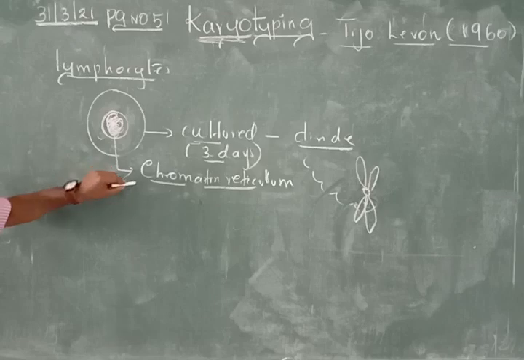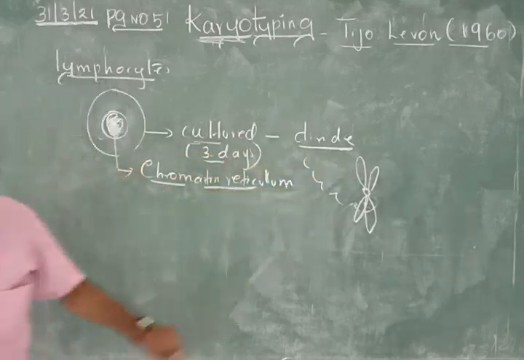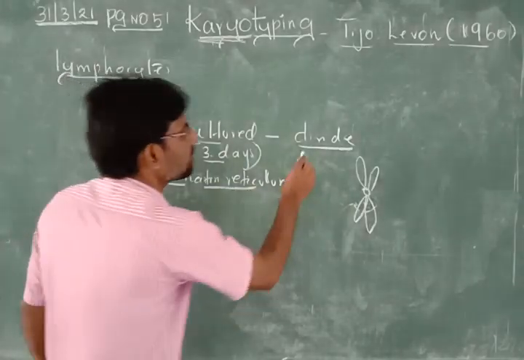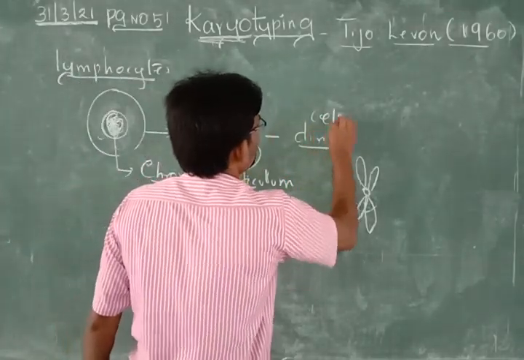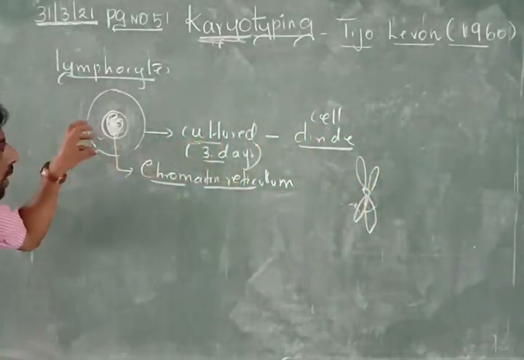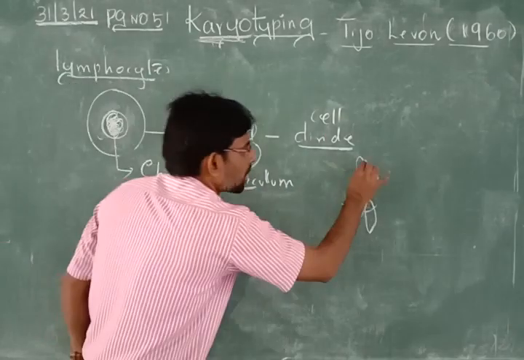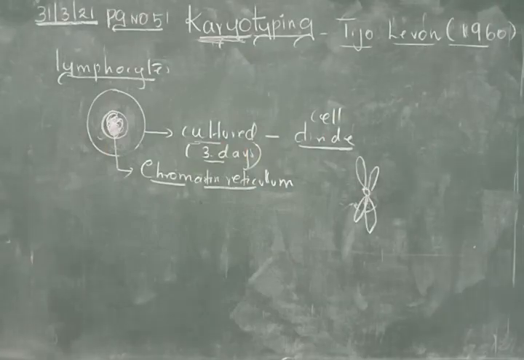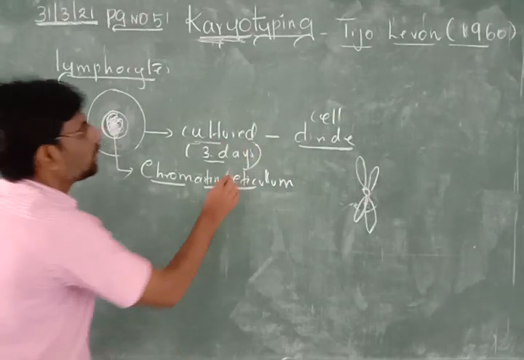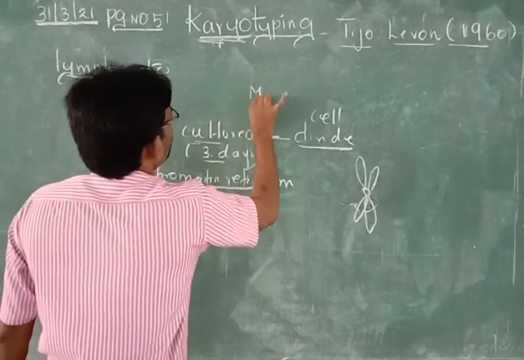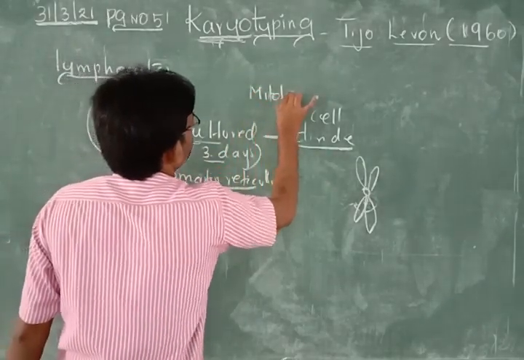This chromatin reticulum forms the chromosomes only at the time of cell division. As the cell divides, the chromatin reticulum kept inside the nucleus will start forming the chromosomes. Now this kind of cell division is called mitotic cell division.